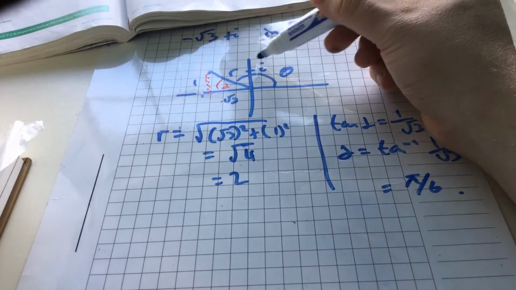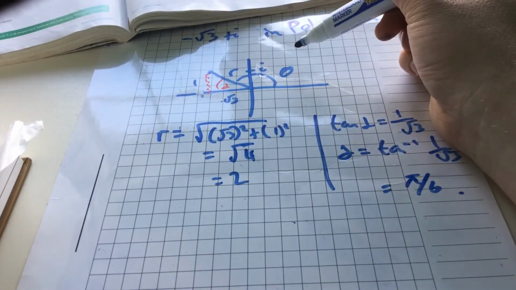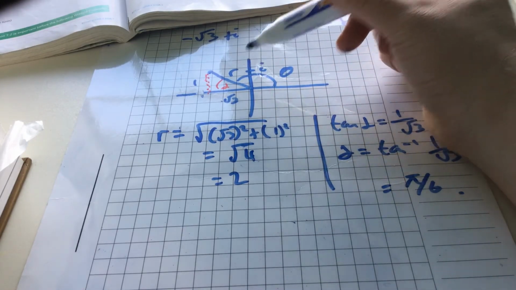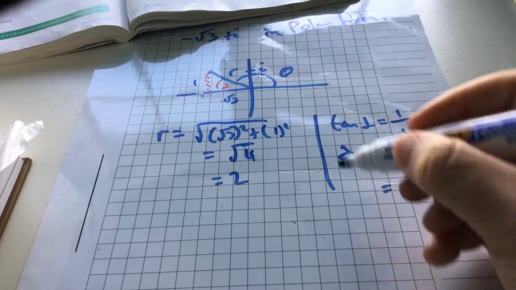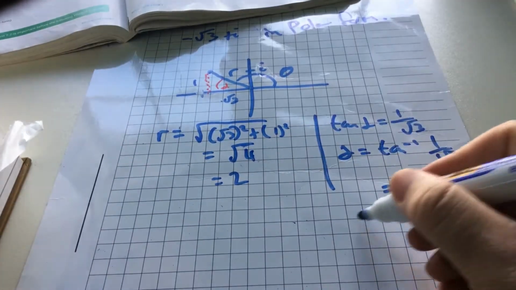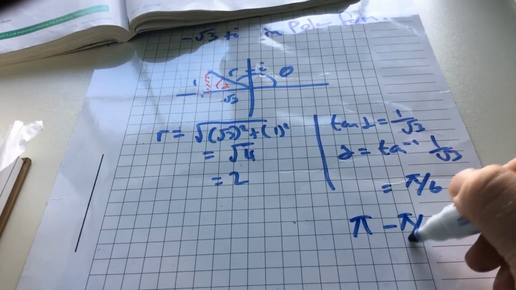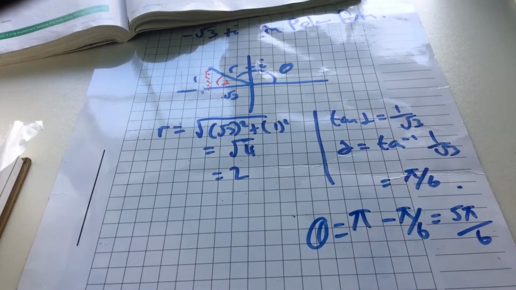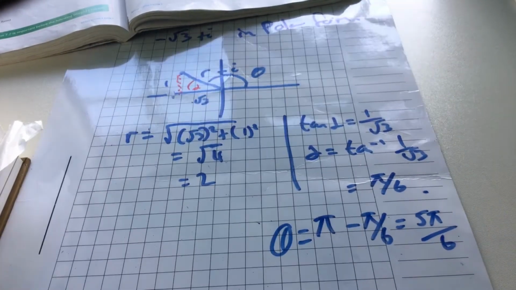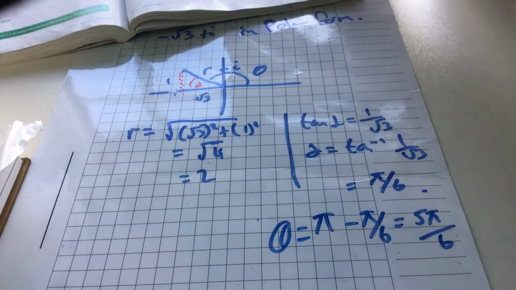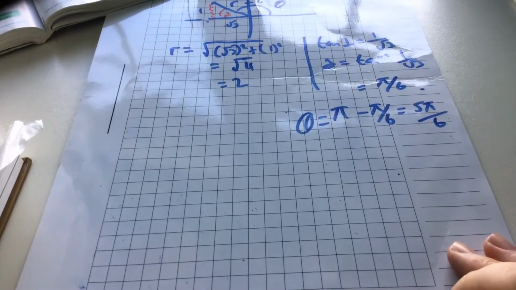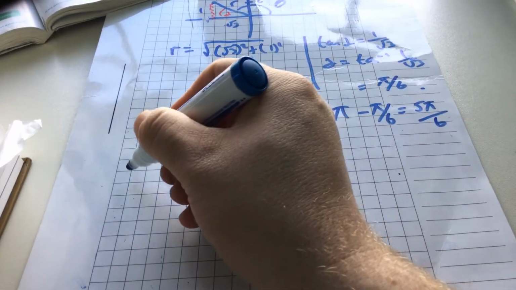Now the argument, if that was in the first quadrant, that'd be fine. But because it's in the second quadrant, and I want my arguments always to the positive x-axis, I'm going to say, what's that angle? Well, it's pi take away pi over 6, if you remember, or 5 pi over 6. That's theta, if you remember that from your unit circle. Now, put it in the form.